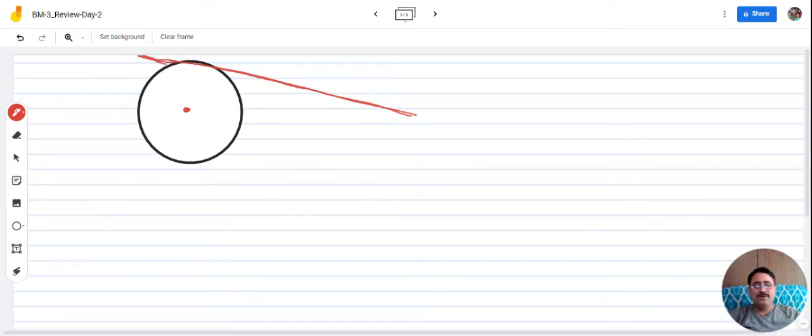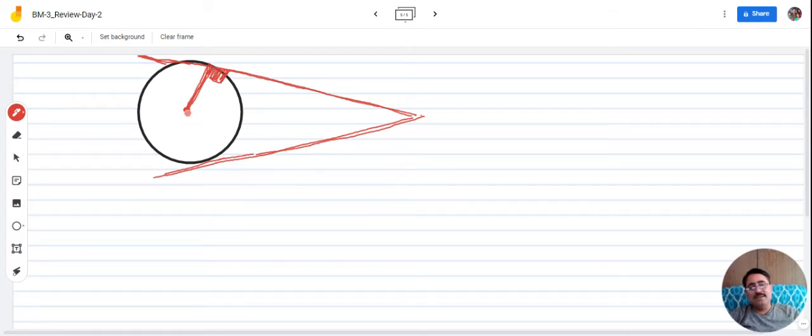I'm sorry, this is not straight. And this is another tangent. An important point is the angle between radius and tangent is always 90 degrees. So this is always 90 degrees.